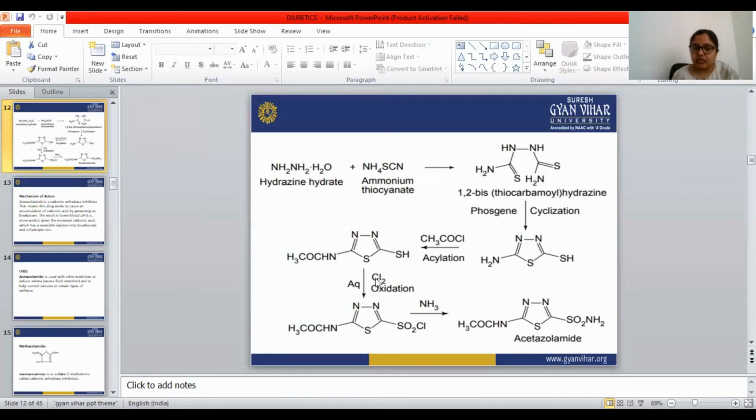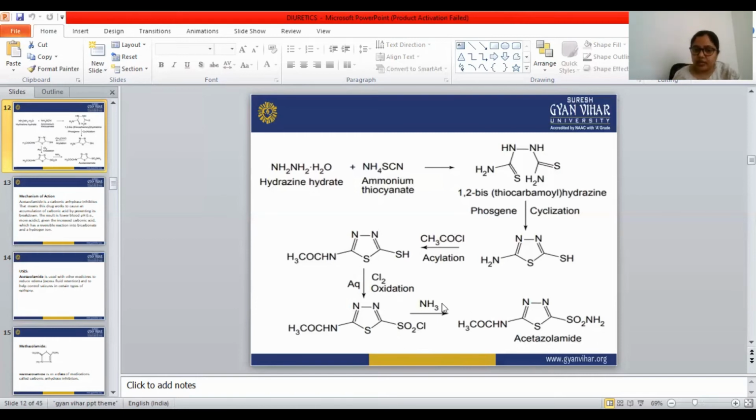After that, this is reacted with chlorine, and at that time oxidation also happens in this product. The remaining part stays the same. Here the reaction happens, SO2Cl comes here and H2O is removed. After that, this product goes into the alkylation process.